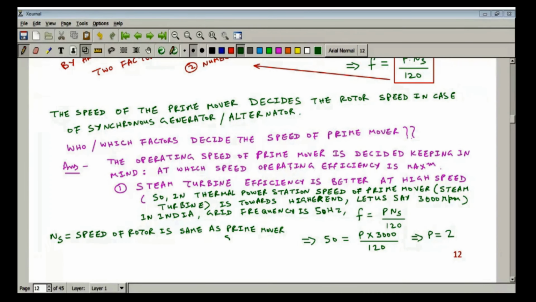Prime mover speed. So for high speed application, cylindrical rotor is preferred. That is the reason we have mentioned that for high speed, cylindrical rotor construction is preferred, because that is mechanically more strong.